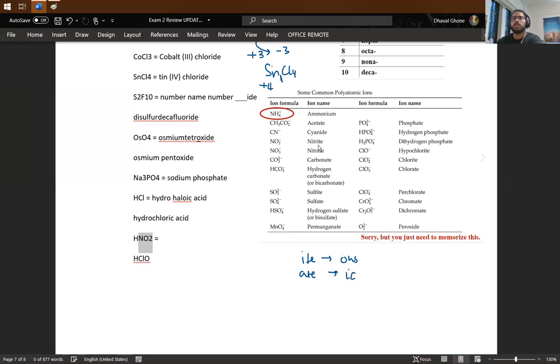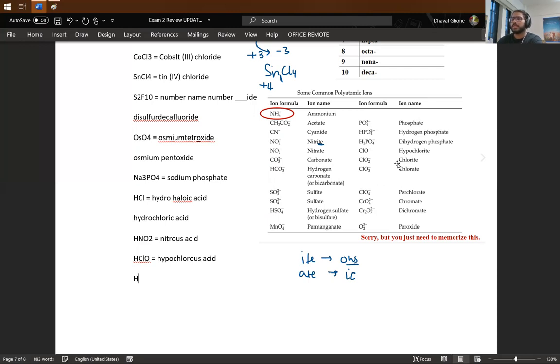So nitrite would really become nitrous, and so I would name this as nitrous acid. I don't have to mention the hydro for this because it's an acid is given. Okay. Another example would be ClO. ClO falls under hypochlorite. It becomes ous, so it'll be hypochlorous acid.